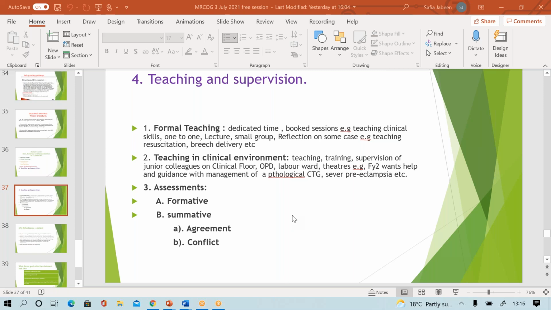Okay, so you will say, I will go, but the words you will be using, instead of I will speak to the woman and counsel, you will say we'll go and speak to the woman and explain to her that this baby is showing signs of distress. We need to examine her to see how much dilated she is, and then take a small sample from the skin of the scalp of the baby, and check the levels of oxygen and other gases in the baby's blood to see how much reserve this baby has.